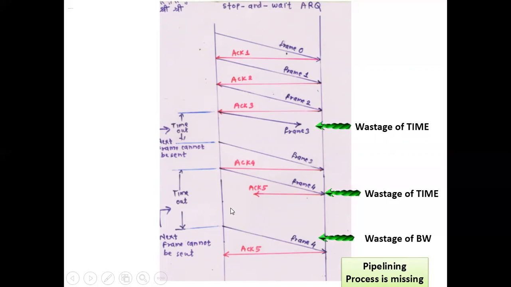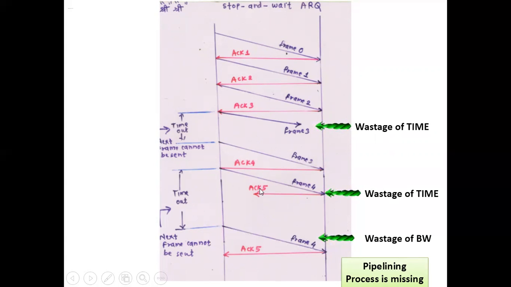So what is the procedure? The transmitter will send frame 4 again. So this is the repetition of frame 4. It is the duty of the receiver to delete this duplicate frame 4. But the receiver will send ACK5 again. The moment ACK5 reaches the sender, the sender will understand that frame 4 was already received.